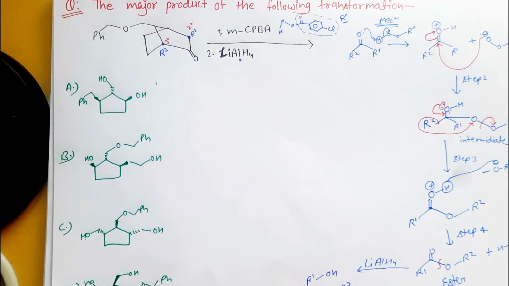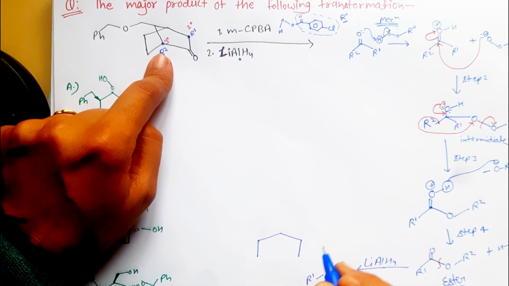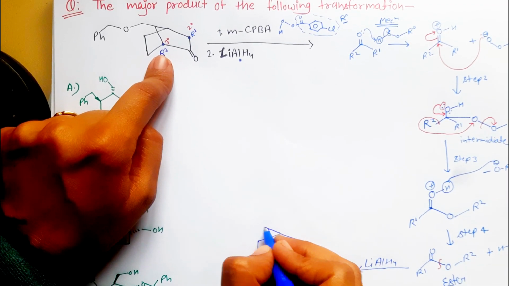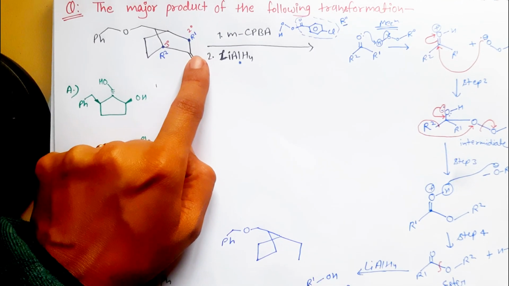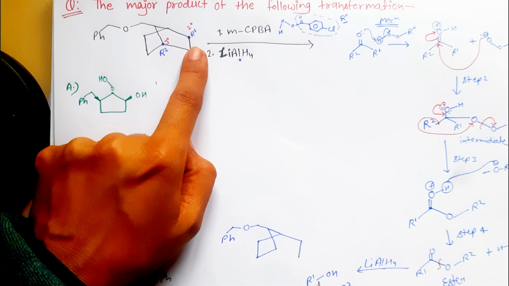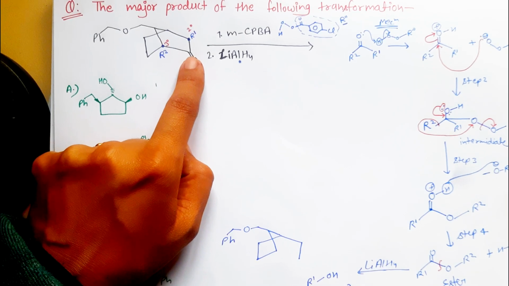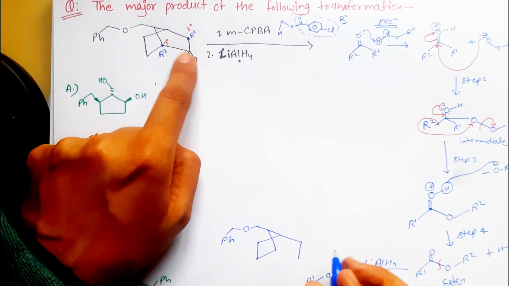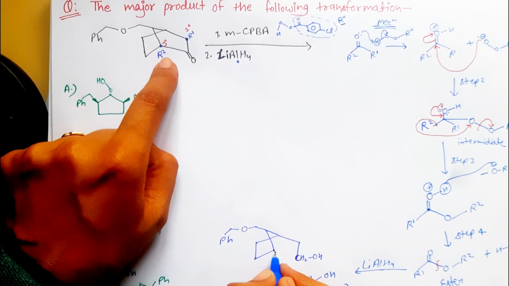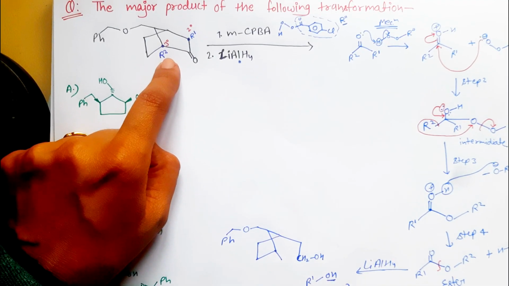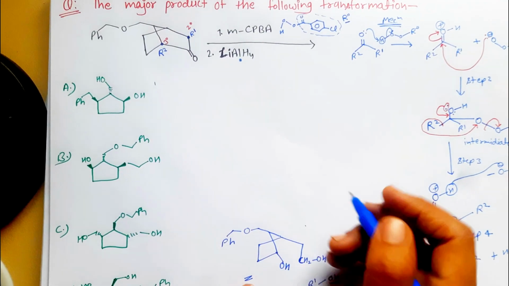We draw our product in this form. This carbonyl group converts into OH, so here CH2OH, and this R2 group attaches with OH, and we draw our final product like this also.